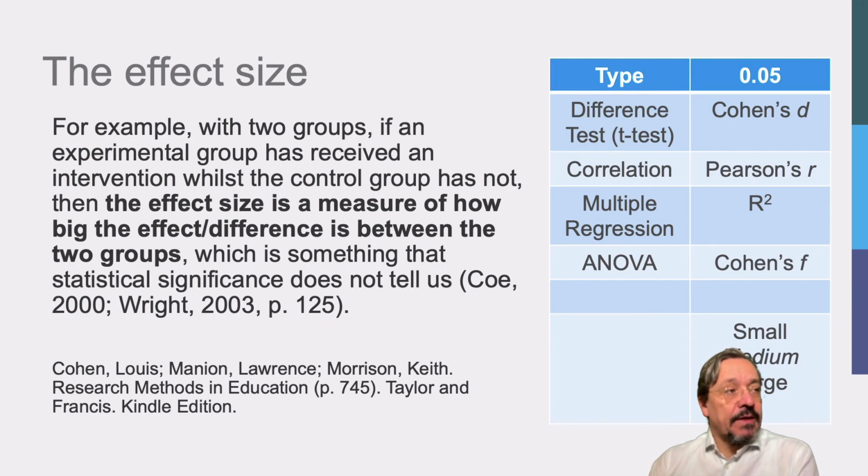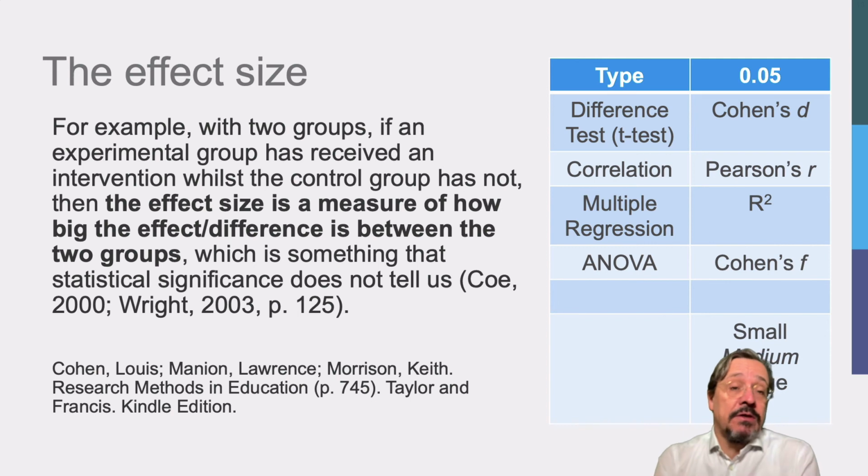So what is it actually when we talk about the effect size? This is a topic you really should look into if you seriously want to report statistical and inferential statistic results. The effect size is a measure of how big the effect or difference actually is between your groups when you do, for example, a t-test.